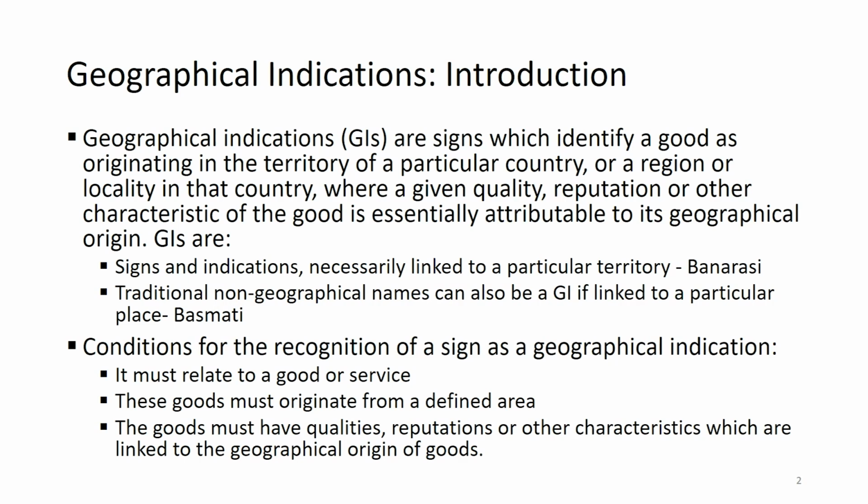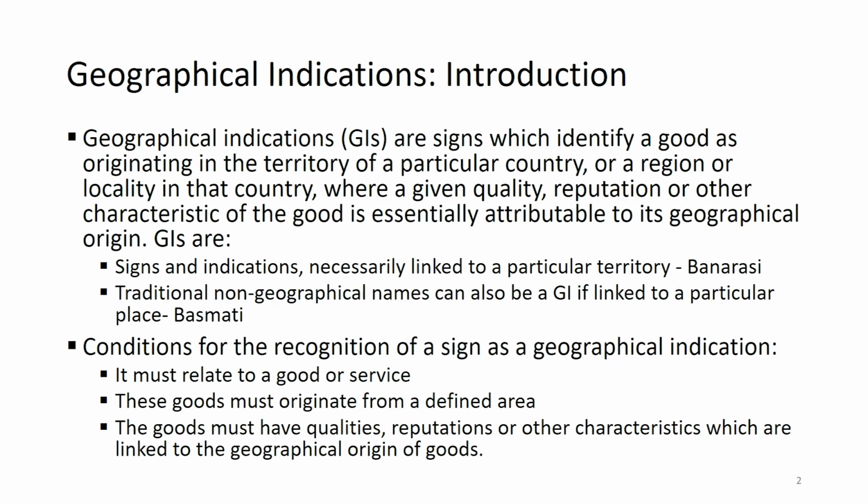The definition, as you can see here, is GIs are signs which identify a good as originating in the territory of a particular country or a region or locality in that country, where a given quality, reputation or other characteristic of the good is essentially attributable to its geographical origin.